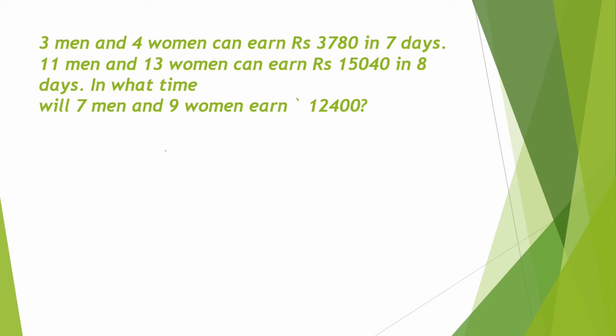So let a man's 1 day's earning be X. Similarly, for women, let a woman's 1 day's earning be Y. Now you have the equations here. 3 men and 4 women can earn rupees 3780, as it says.